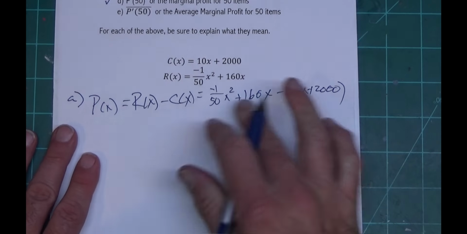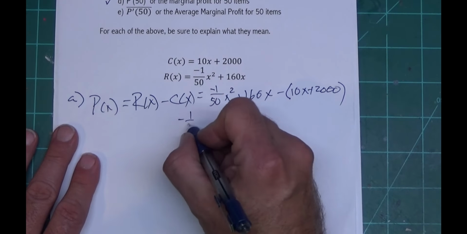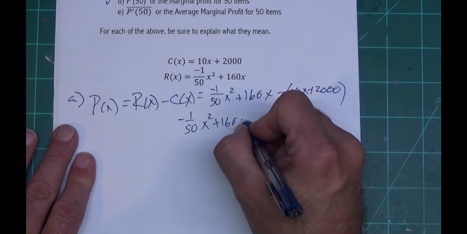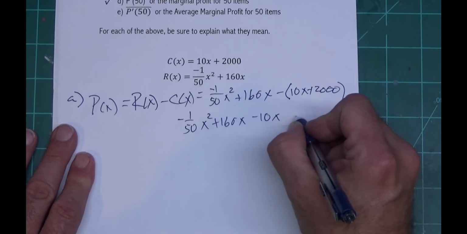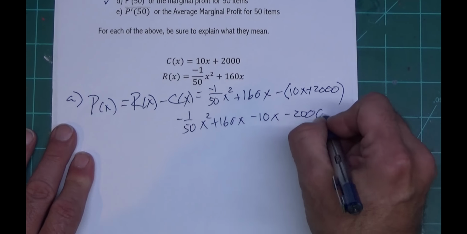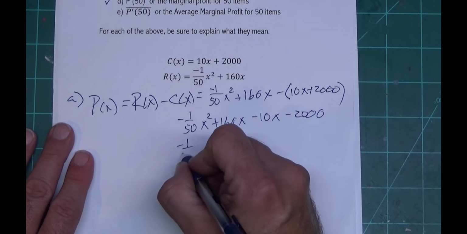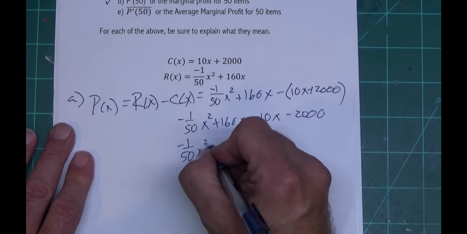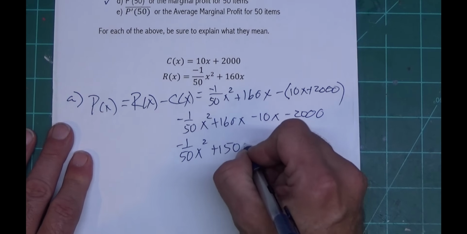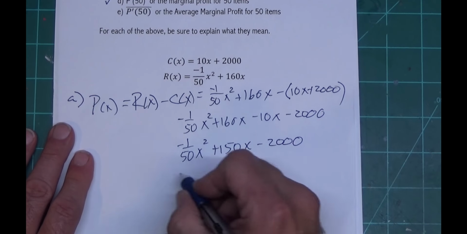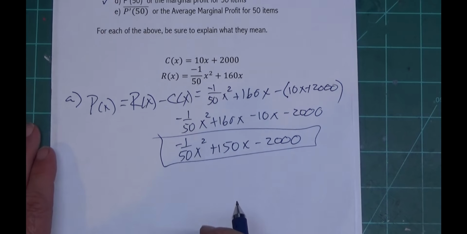Okay, I'm going to distribute the negative through, so negative 1 over 50 x squared plus 160x minus 10x minus 2000. Distributing, collecting like terms, I get negative 1 over 50 x squared plus 150x minus 2000. Okay, so there's my profit equation.